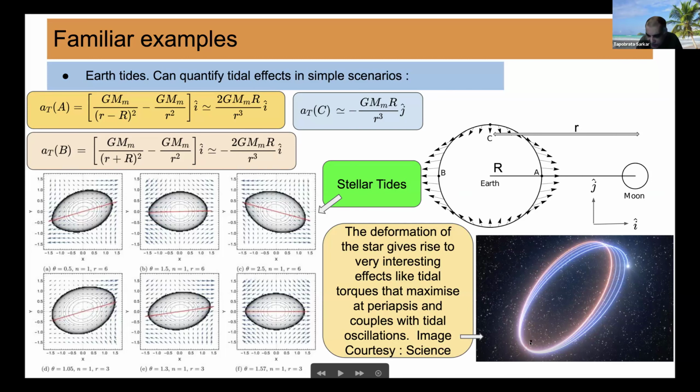Periapsis means, if you can see this black dark spot over here, this is the black hole. Periapsis is the closest distance from the black hole. And these will give rise to very beautiful physical phenomena, as I am going to tell you.